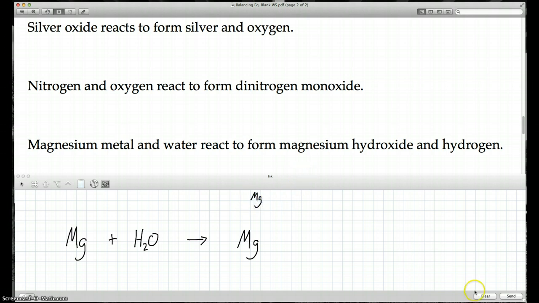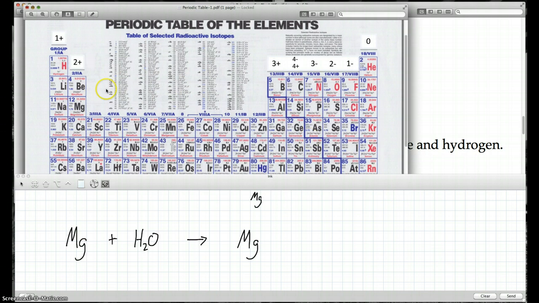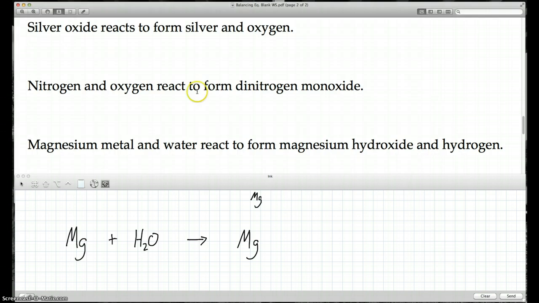Mg, if I look up on the periodic table, is a 2 plus. I looked up hydroxide, OH, that was a 1 minus. So when I do the switch trick, I end up with the 1 there and the 2 outside the parentheses here. So Mg(OH)2. That is magnesium hydroxide.